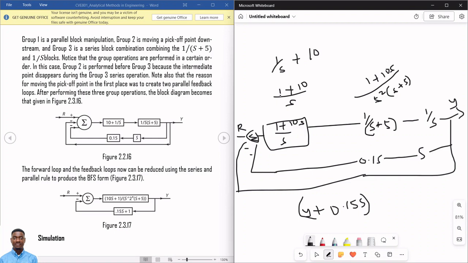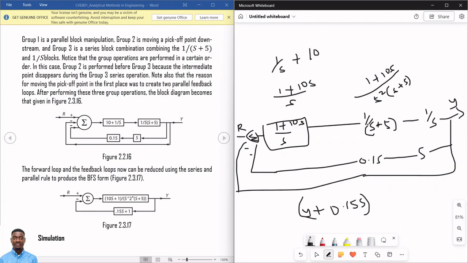So 1 plus 10s, s squared, s plus 5. These two in series, then these two in parallel. So that's what we have here as the BFS of this very system.